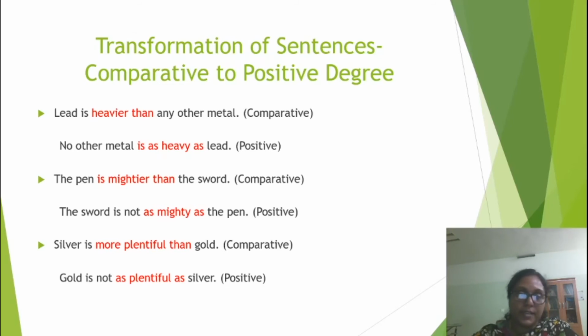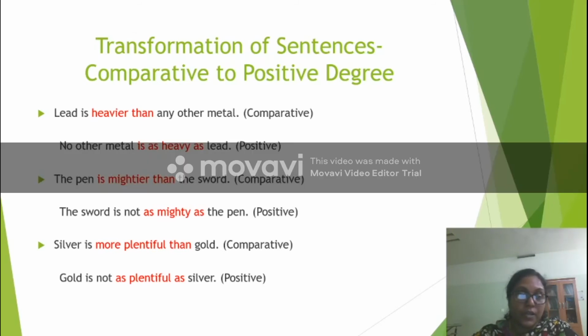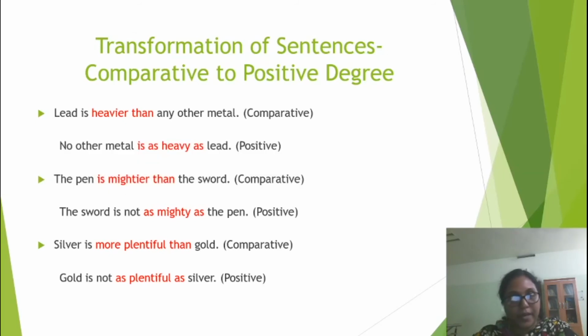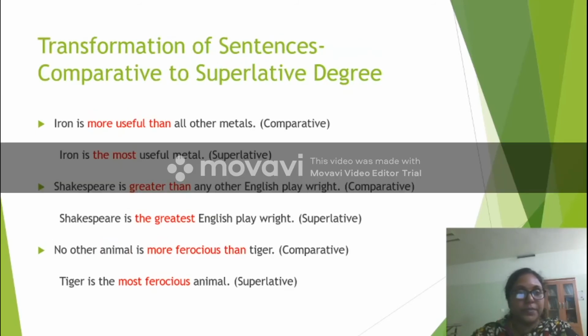Now we will see the next sentence. Silver is more plentiful than gold. Plentiful is a polysyllabic word, so we form the comparative degree by adding more. More plentiful plus than. And in the positive degree, gold is not as plentiful as silver.